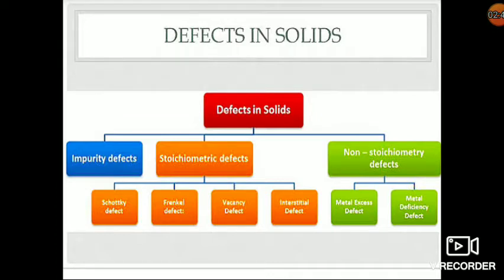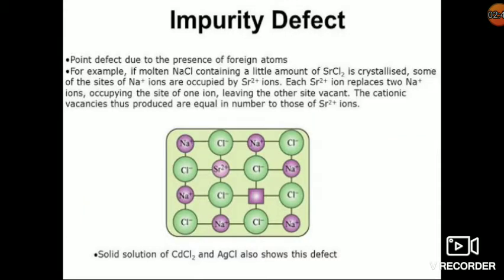So let's start with each category. The first one is impurity defect. In this picture you can see a solid crystal with the cation sodium and anion chlorine, NaCl, NaCl, in this arrangement.